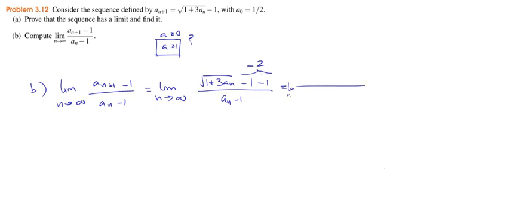This is the limit when n goes to infinity of a sub n minus 1, and I'm going to divide by the square root of 1 plus 3an plus 2. If I multiply this by this, what I get again is the difference of squares. So the difference of squares here is 4.